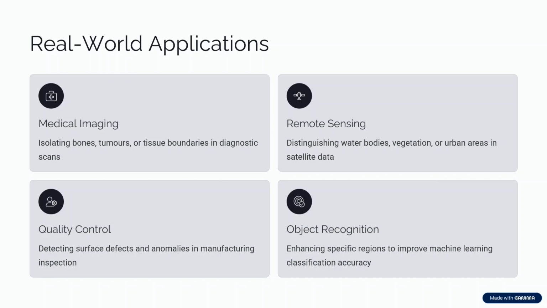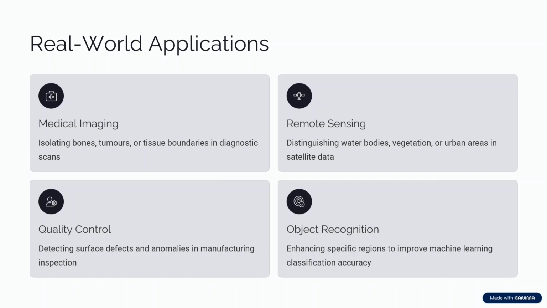Now let's look at where this technique is actually used. In medical imaging, it helps isolate bones, tissues, or tumors to help doctors focus on the key areas. In remote sensing, we can separate vegetation, water bodies, or urban areas in satellite data for environmental monitoring.